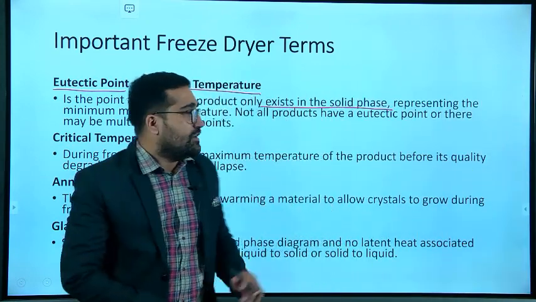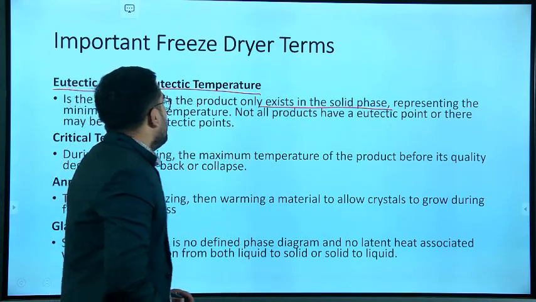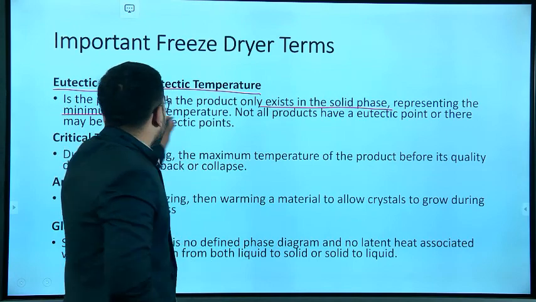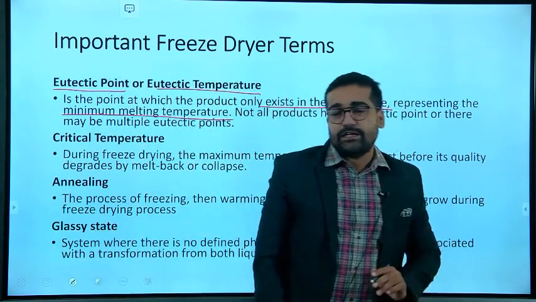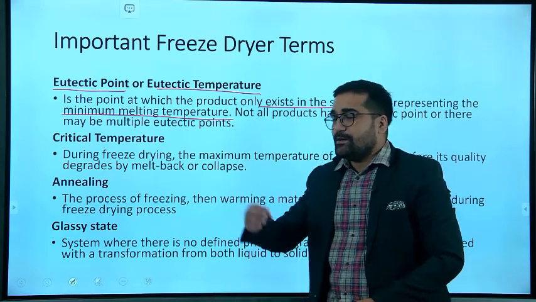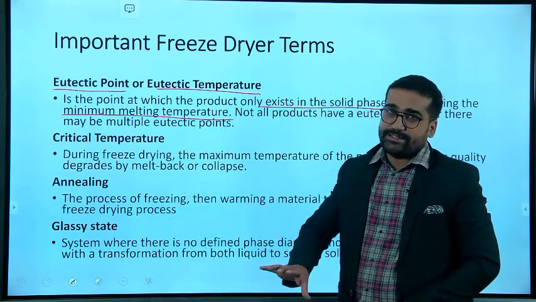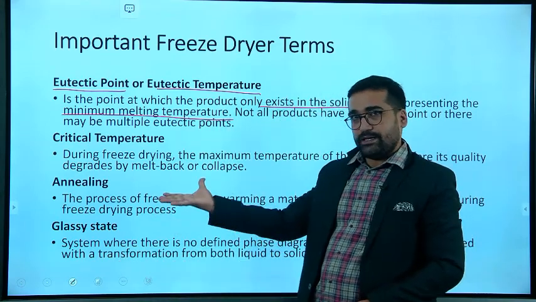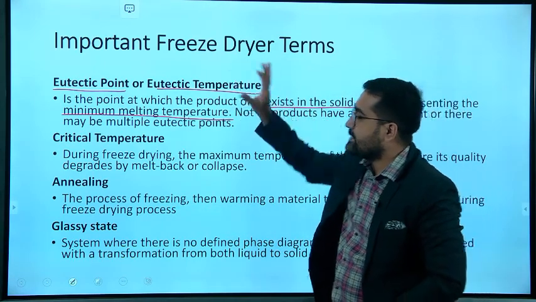Here only the solid state of the product exists, and it represents the minimum melting temperature. So at this temperature our product is in the solid state but about to melt. That is the eutectic temperature.